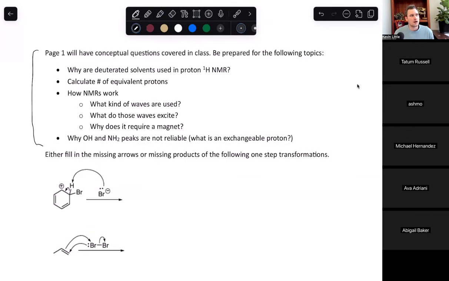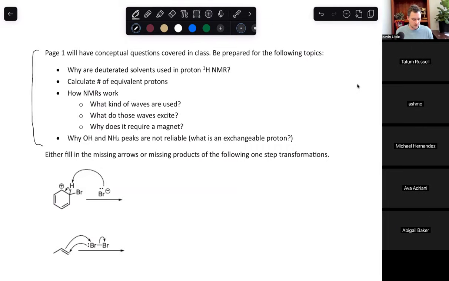One thing that's a little different this semester: when I'm filling out page one with conceptual stuff I want you to know, a good place to look is the recitation work. When you did recitations before a quiz, it was often tangential to the quiz, related but one step ahead or zoomed out a bit.